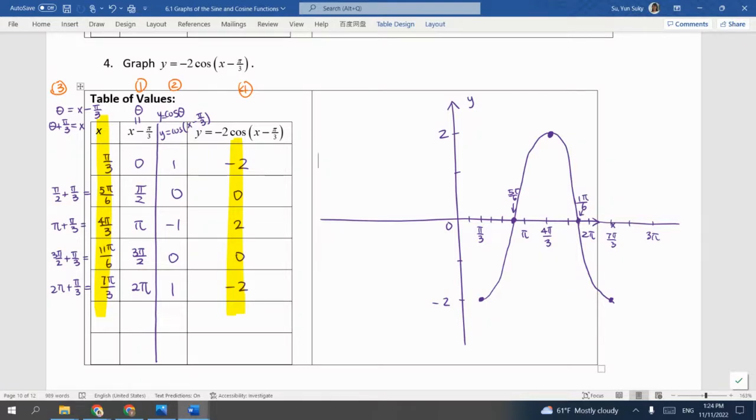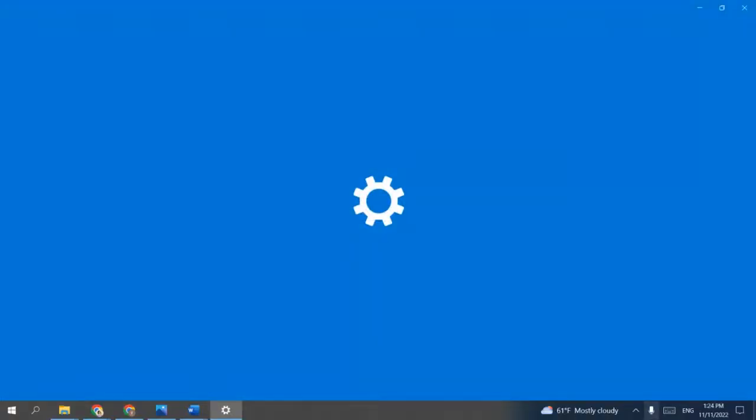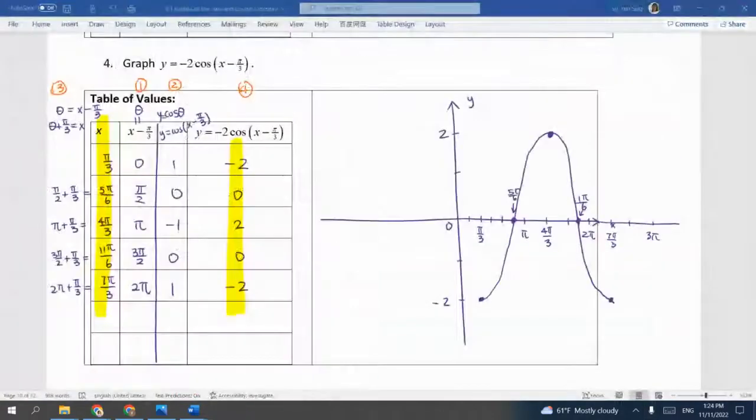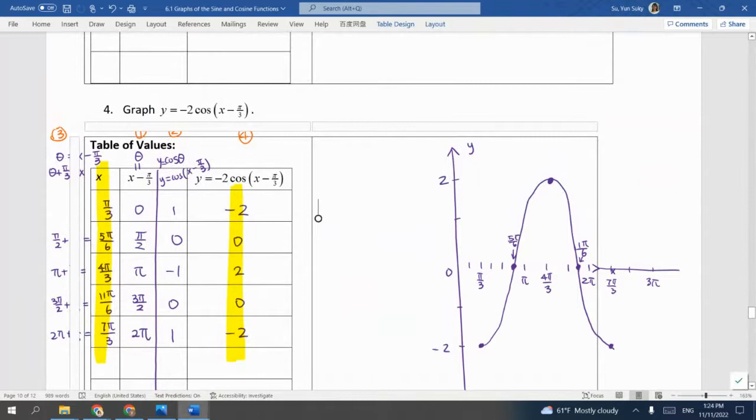And usually the problem will ask you to draw 2 periods. Okay, so then what do you do? You kind of measure, oh, this distance. Okay, this distance is like that. And then you measure, oh, it's right here. Okay, so put the small point there so it has the same distance.